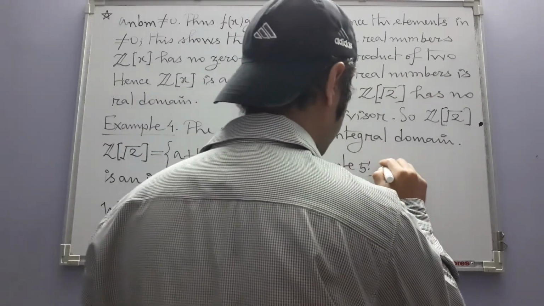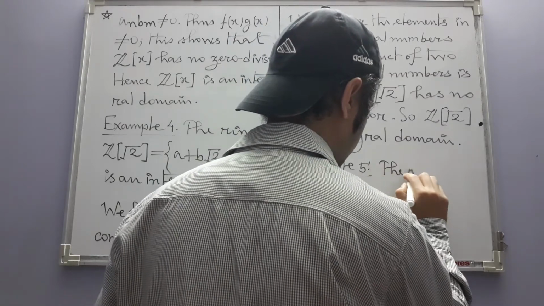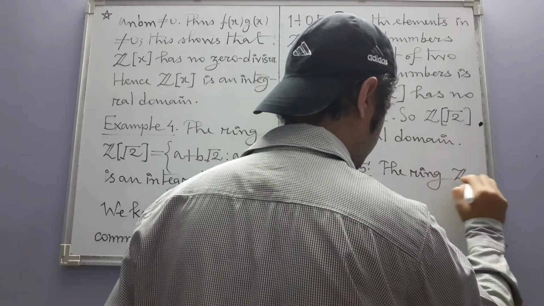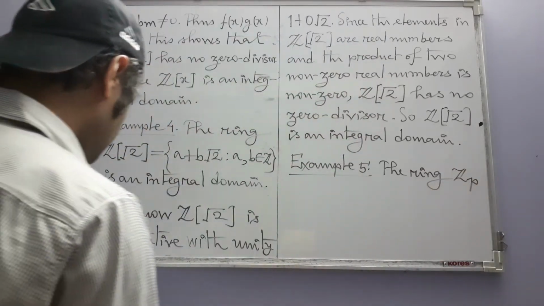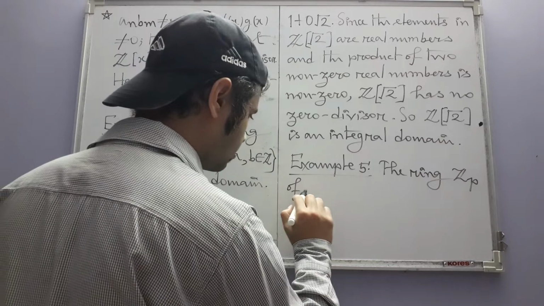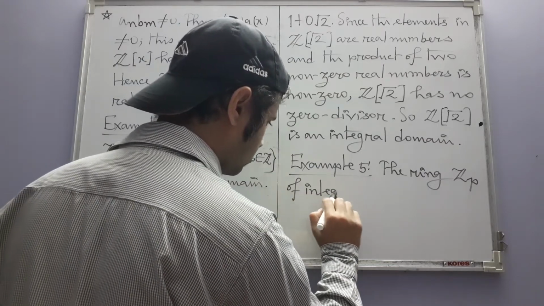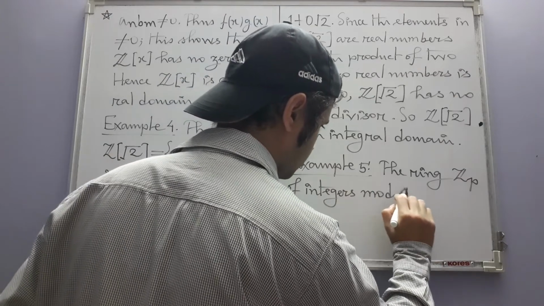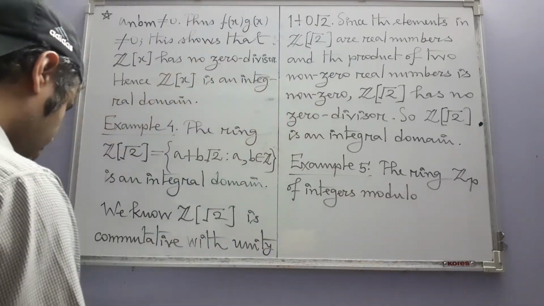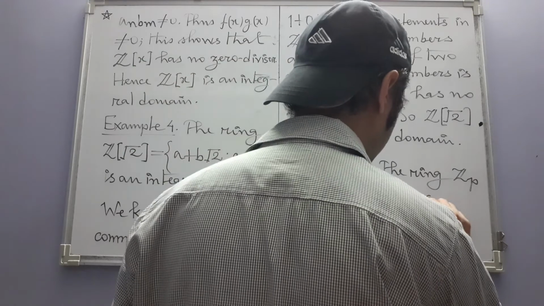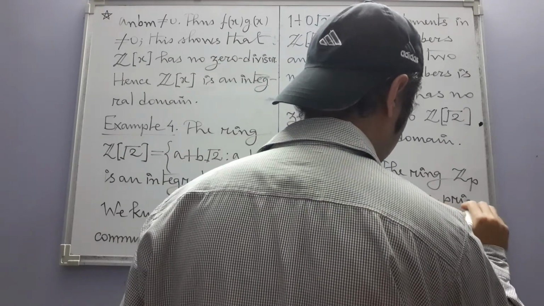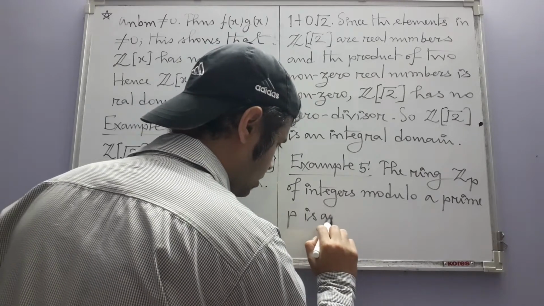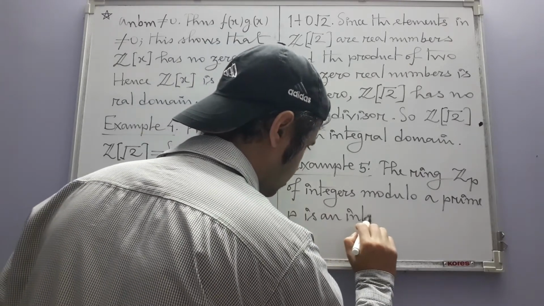The ring Zp of integers modulo a prime p is an integral domain.